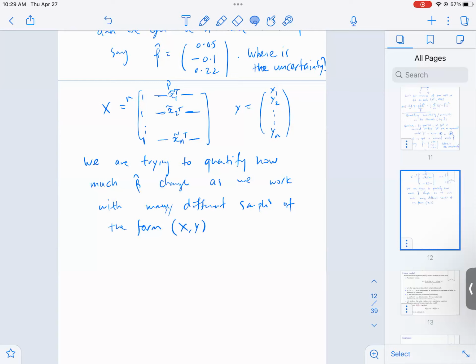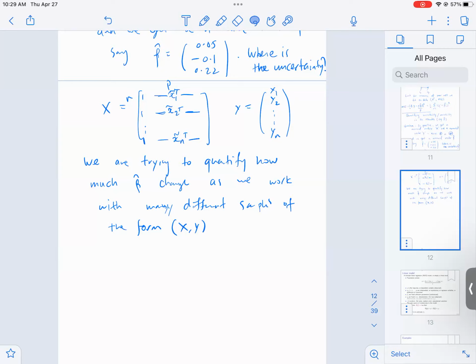So the entire x and y, repeat a different experiment. It's not just one sample, like one row. The entire n rows of x and elements of y, we have to redo and redo and redo. So imagine an experiment where you go and ask people about their features, or a physical experiment where you can measure n times these different features and the response.